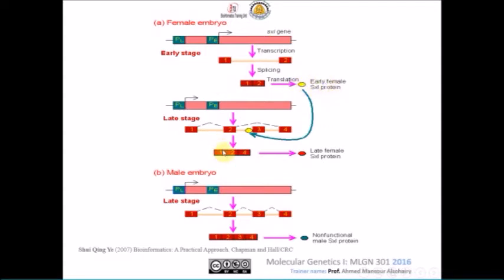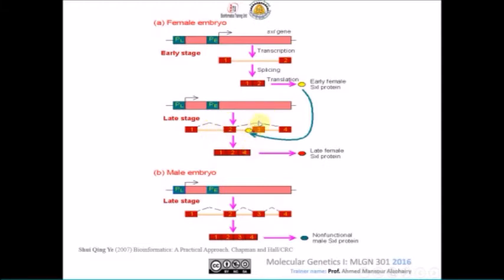In the late stage, the same gene will work with another promoter called the PL promoter, which is the late stage promoter. When we use this promoter, the transcript will have 4 exons, and exon number 3 in this case will be masked.